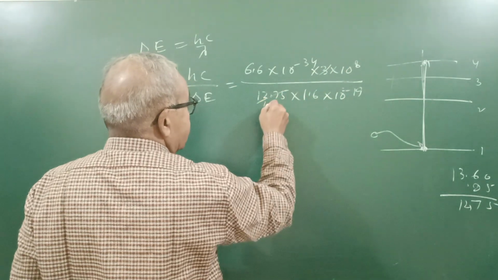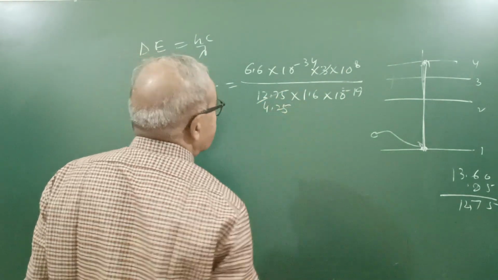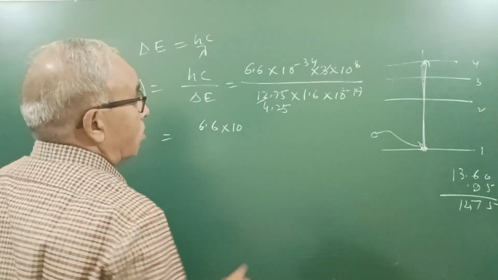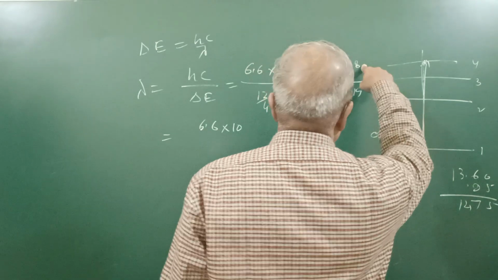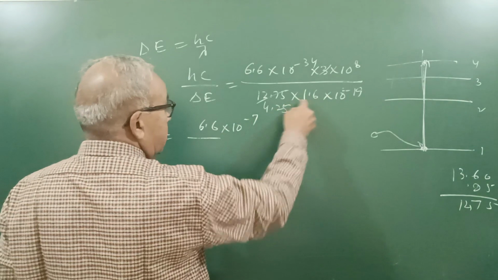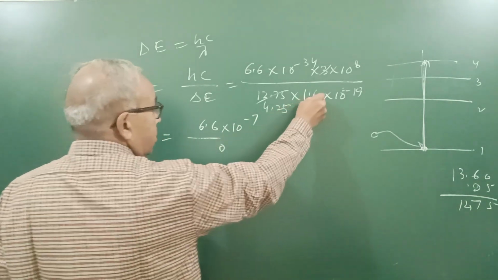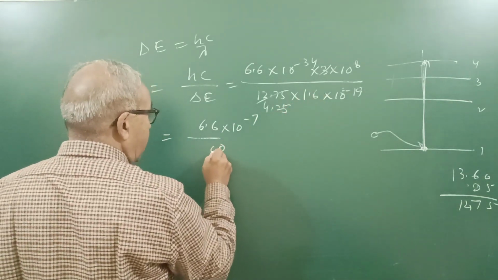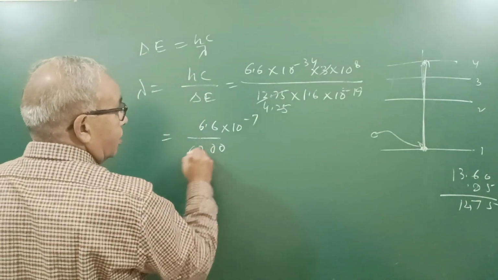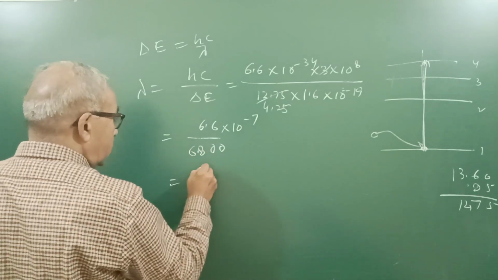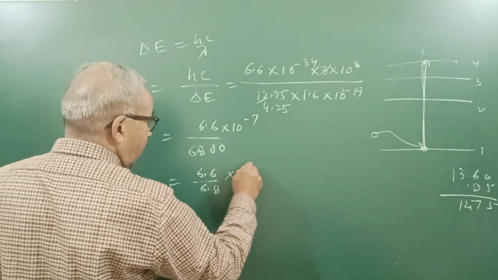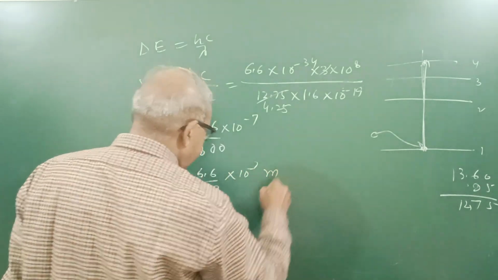3 4 जा 25, 6.6 10 to the power 19 और 27 तो माइनस 7 बचेगा अपॉन 16 5 जा 88 16 to 32 और 8 44 16 4, 64 और 4 68, decimal after 3, so it is 6.6 upon 6.8 into 10 to the power minus 7 meter.